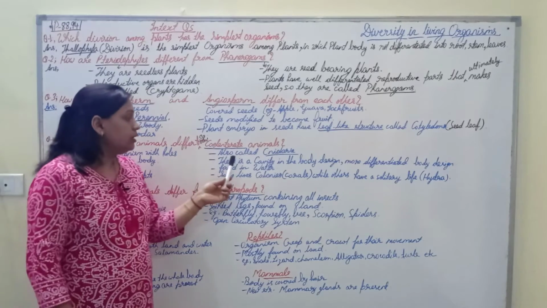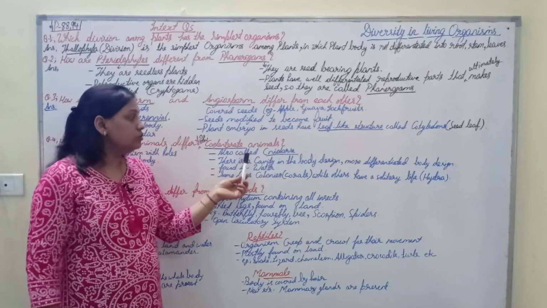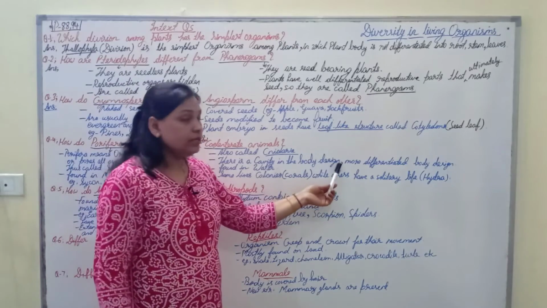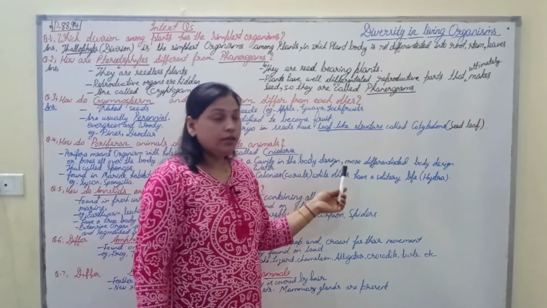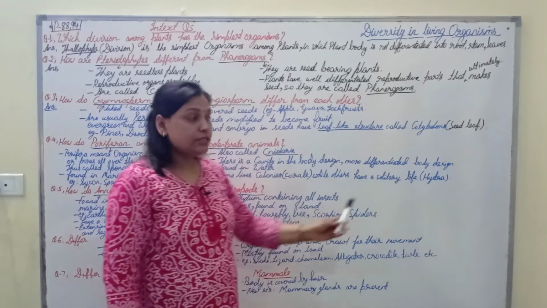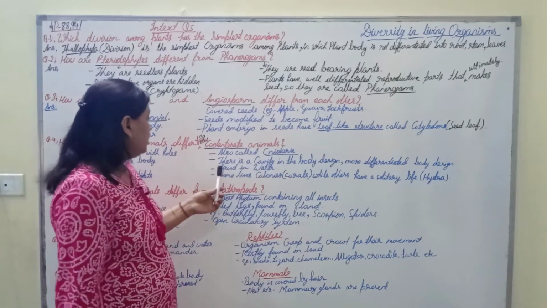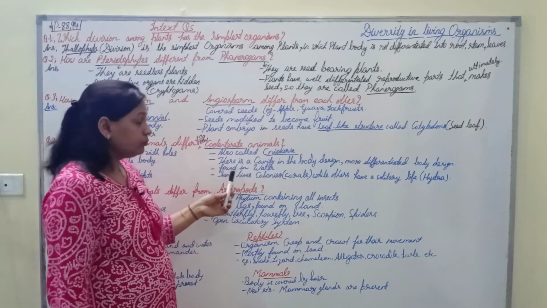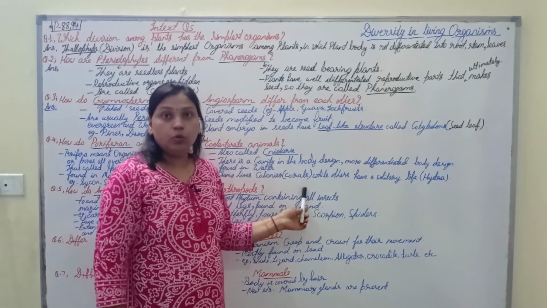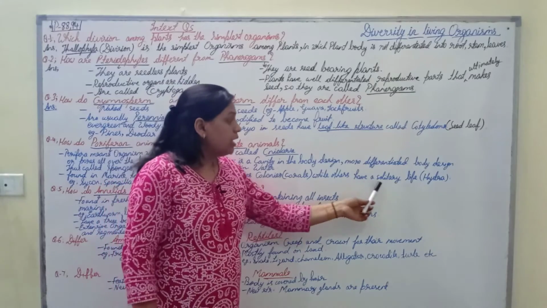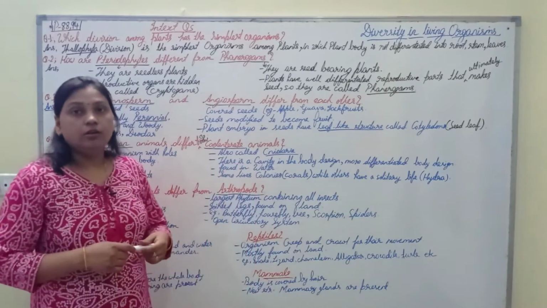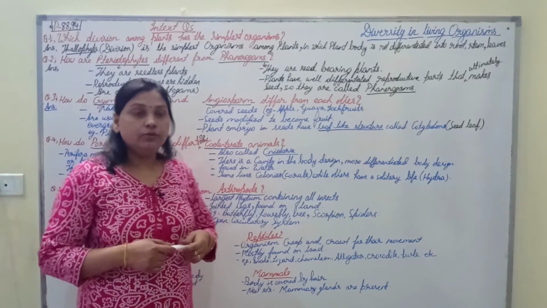While coelenterata, also known as cnidaria, has a cavity in the body design, a more differentiated body design than porifera, found in water. Some live in colonies that are called corals, while others have a solitary life, for example hydra.